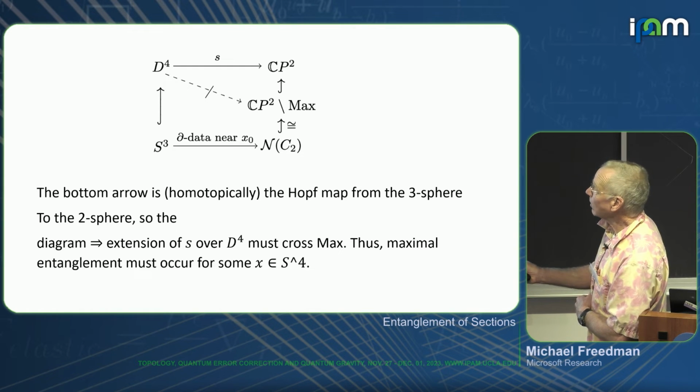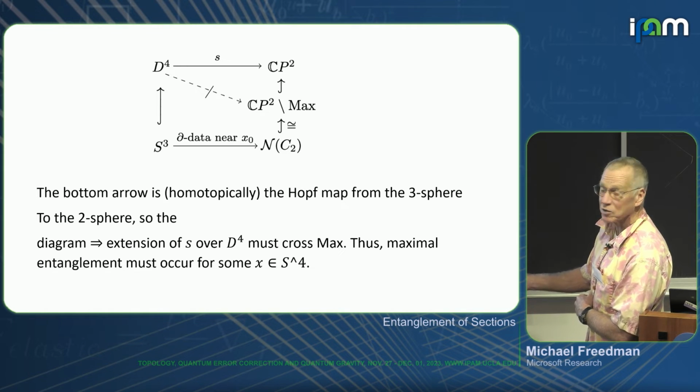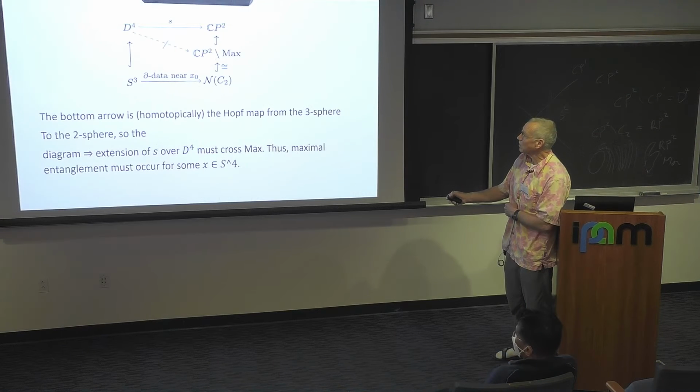But by elementary topology, this map that takes the action of SU2 into this neighborhood is topologically just the Hopf map. This is a neighborhood of the two-sphere, and the conjugation, or the action of S3, is the map from S3 to the Bloch sphere.